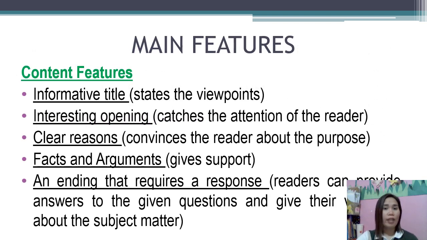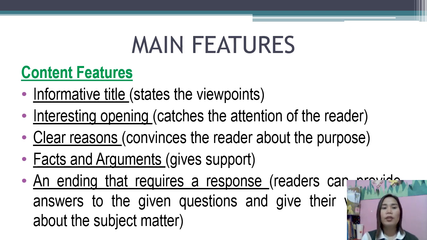So persuasive text aim to persuade readers, like for example, to buy something, to do something, or to change their minds about something. And it often has the following features. So first we have the content features of persuasive text. First, informative title. So it states the writer's viewpoint in the opening sentence.